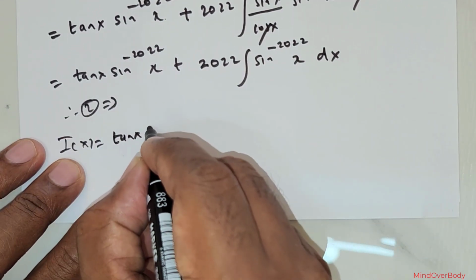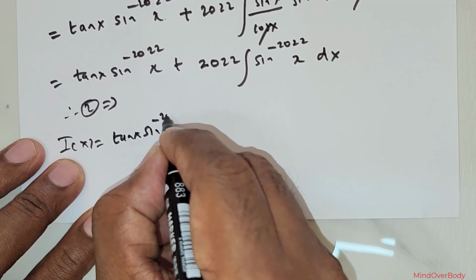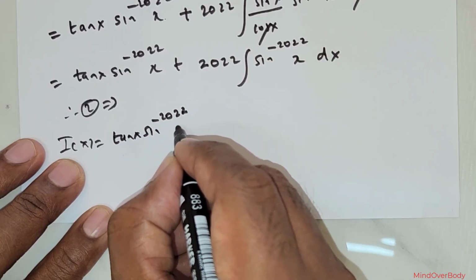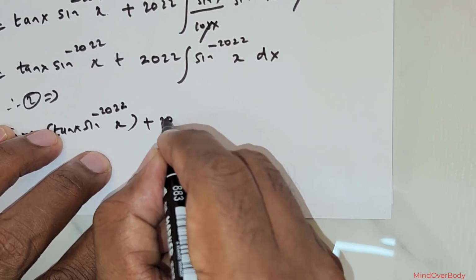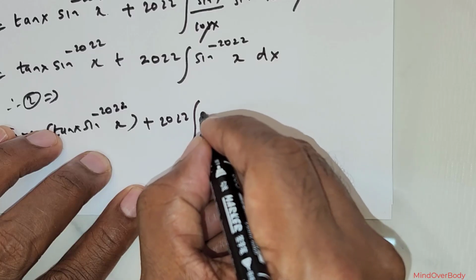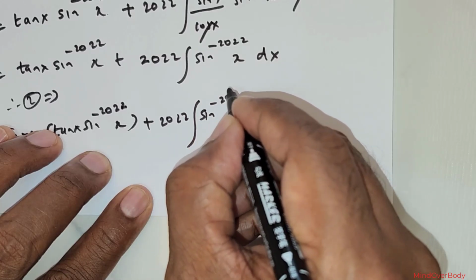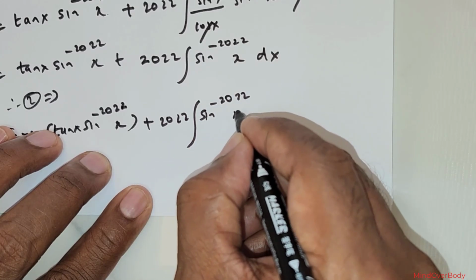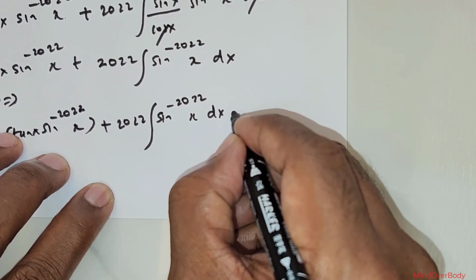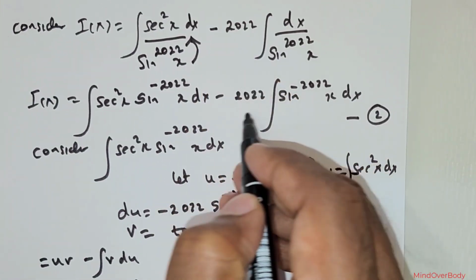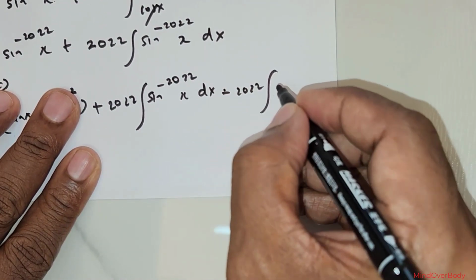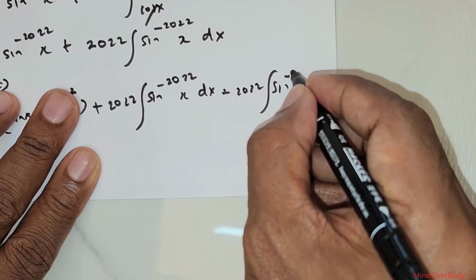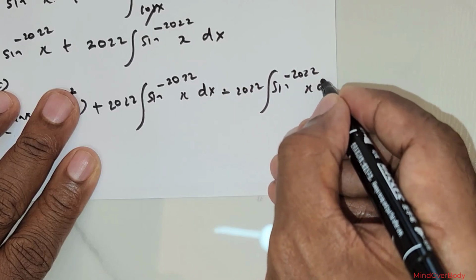It's going to be tan x times sine raised to the power of negative 2022 x, followed by positive 2022 times the integral of sine raised to the power of negative 2022 x times dx, followed by this negative 2022 times sine raised to the power of negative 2022 x times dx.